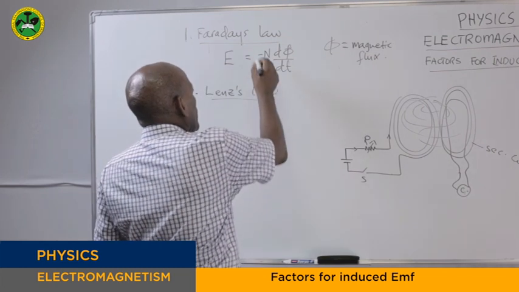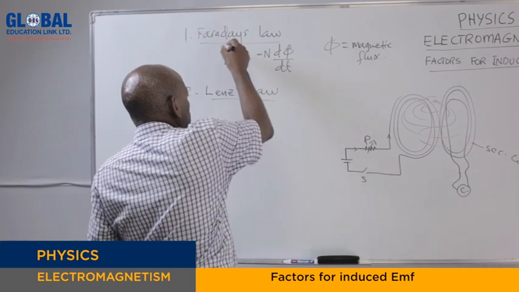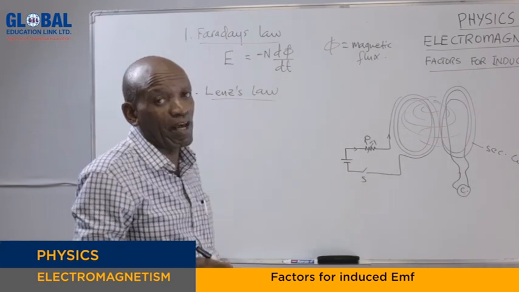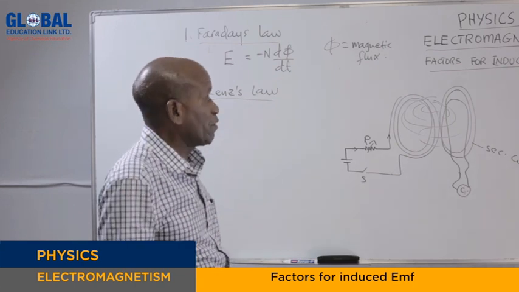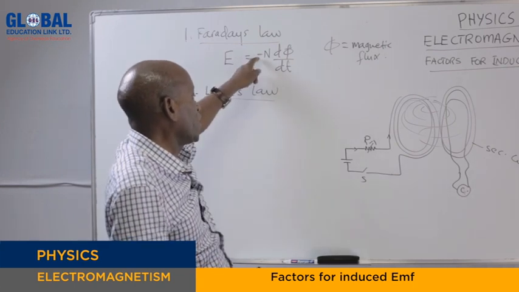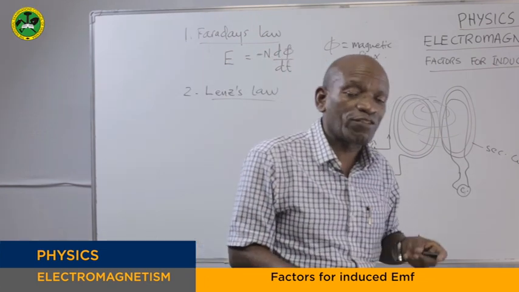So Lenz's law is referred to by a negative sign there, because this EMF is an induced EMF, so it will have a direction in the secondary coil where that particular EMF has been induced. So its direction will depend upon the way that particular magnetic field is varied.